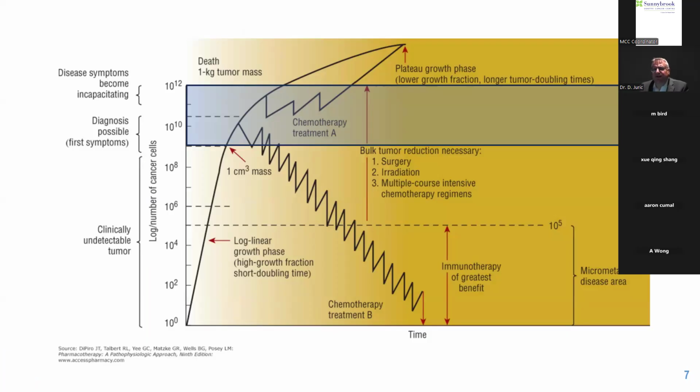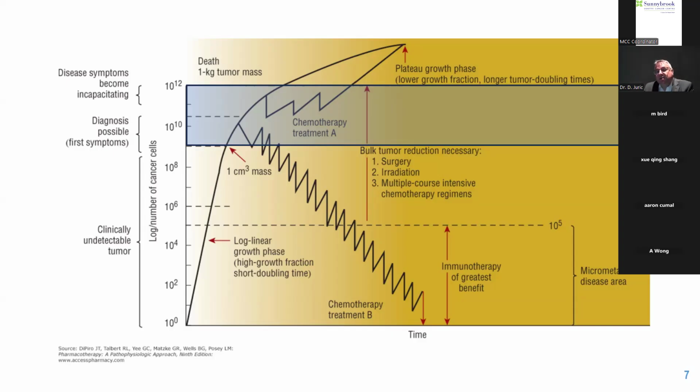This is one of the scariest slides that I've ever seen. Every student of oncology should be very, very familiar with this. What does this slide show? It shows that by the time we diagnose cancer, we are already three-quarters of the way along the trajectory of that disease.